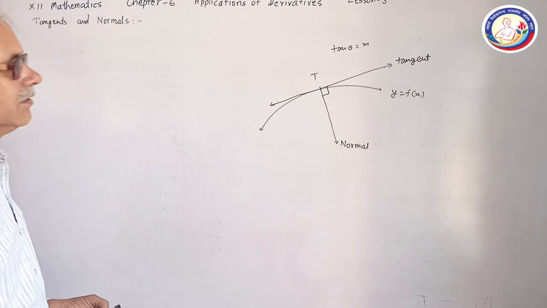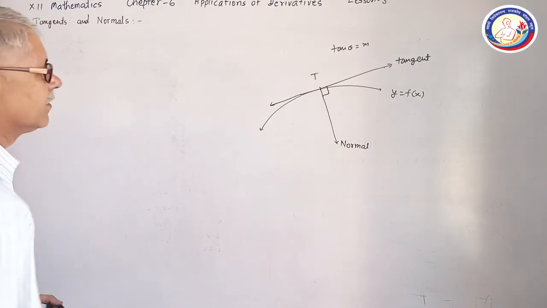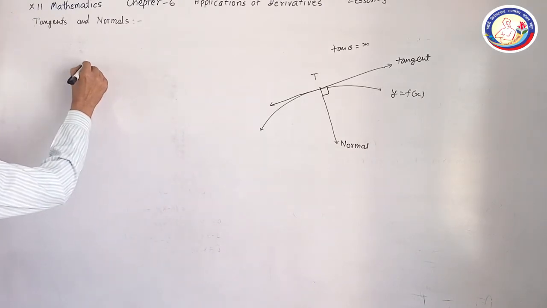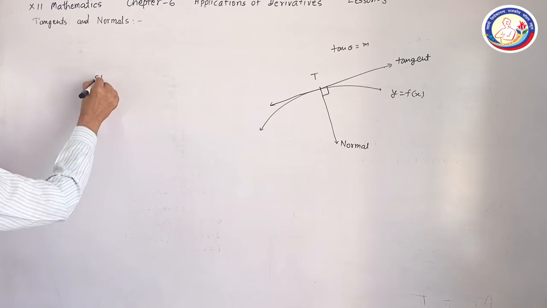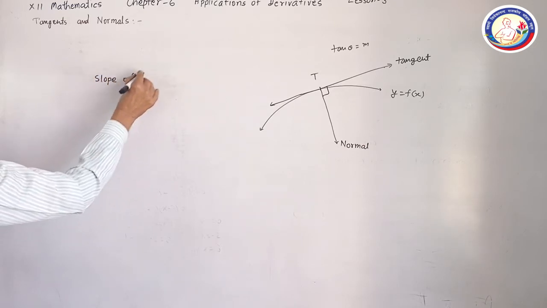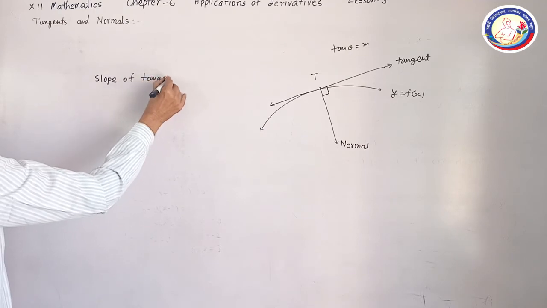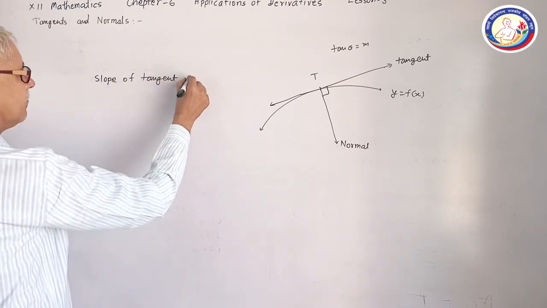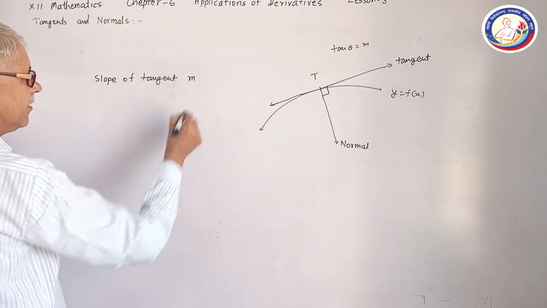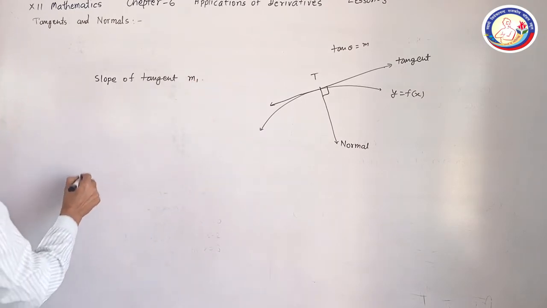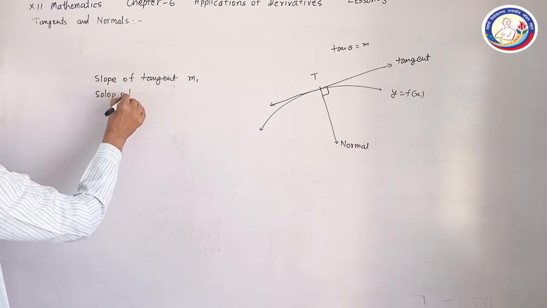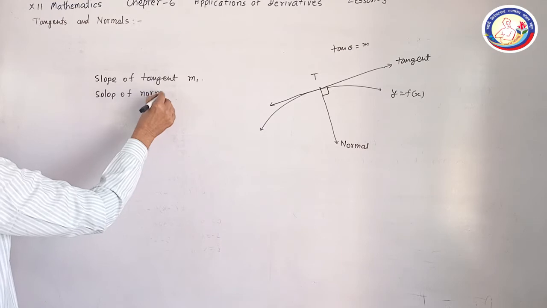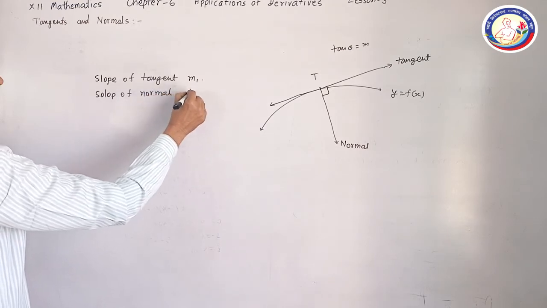Now what about the slopes of tangent and normal? Say m1 is the slope of tangent, and the slope of normal is m2, say.